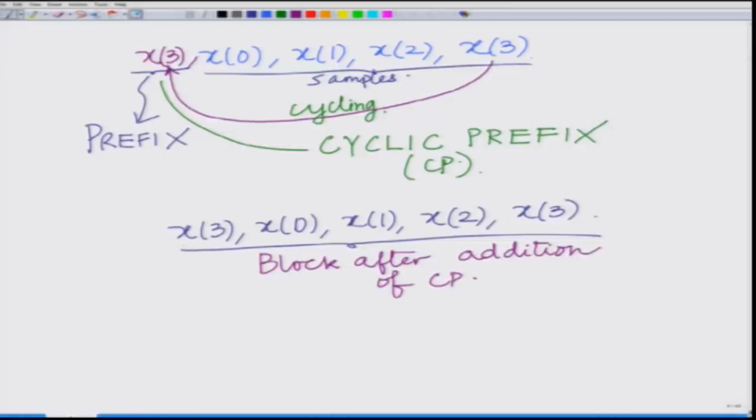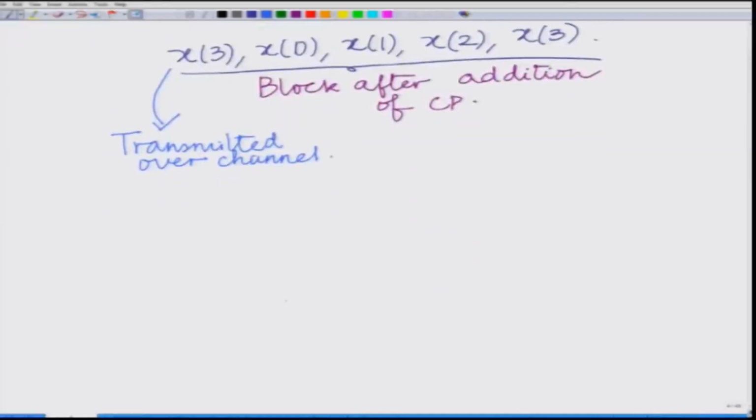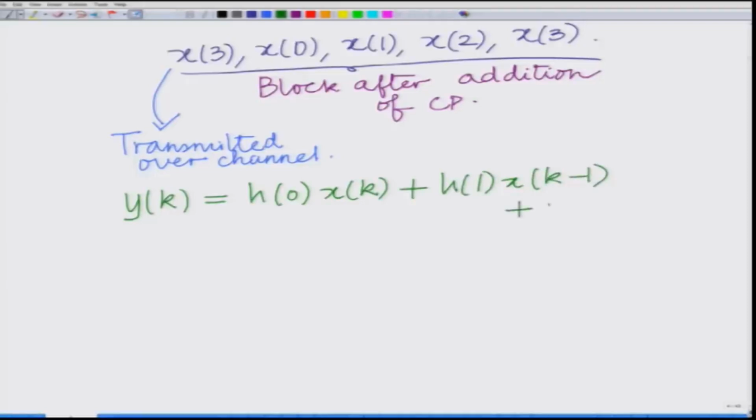This is your block after addition of the cyclic prefix, and this is then transmitted over the channel, and remember our channel is basically the intersymbol interference channel, where yk equals h0 times xk plus h1 times xk minus 1 plus vk. This is our channel.